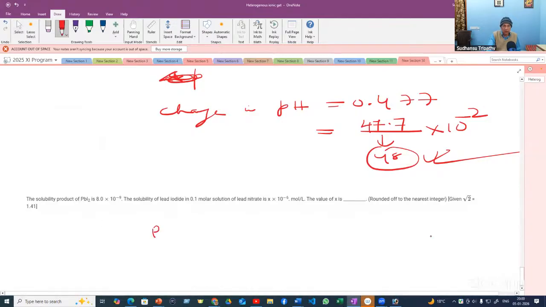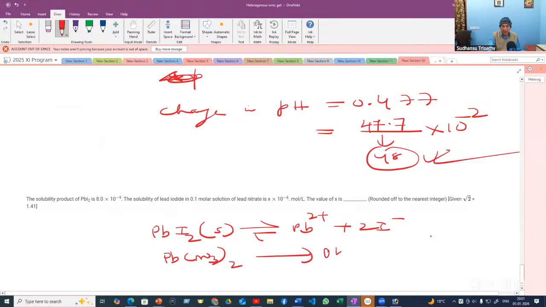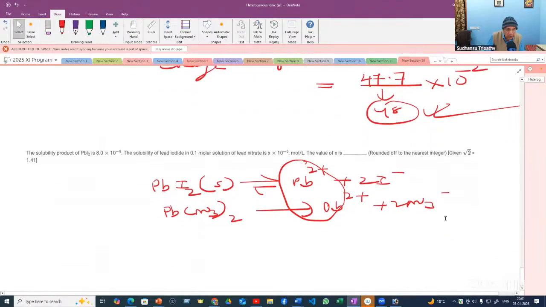This is heterogeneous equilibrium. And there is a common ion effect, lead nitrate. And this is the common ion. So let Y be the solubility, because X is to be expressed as X times 10 to the minus 6.